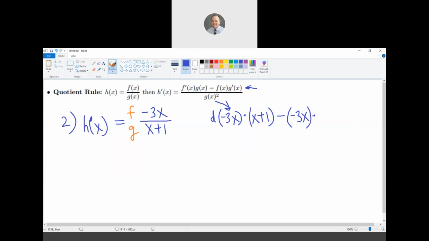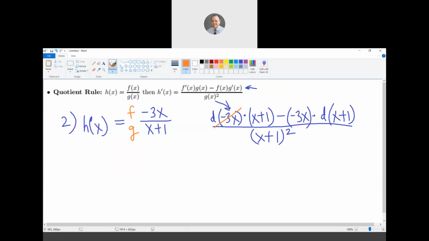And then the last part here up top, times the derivative of g of x, or derivative of x plus 1. And that's all over your denominator quantity squared, or x plus 1 all squared. So far, we've seen enough of how the power rule works, so I'm just going to take the derivative without going through the steps this time.